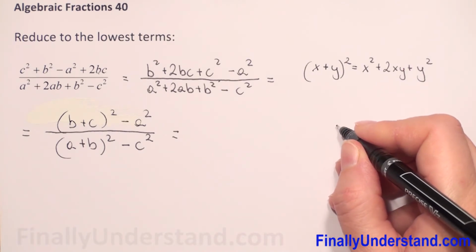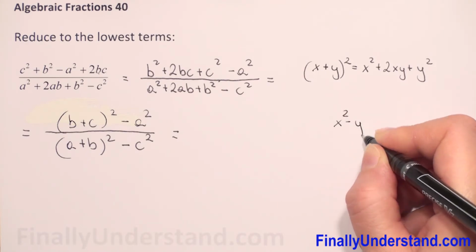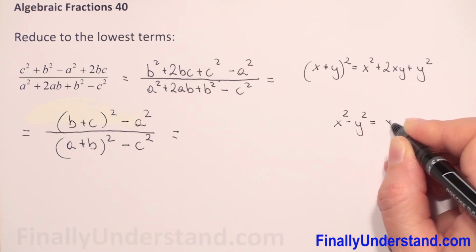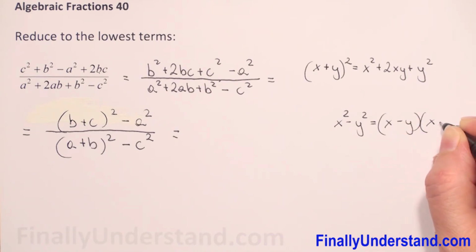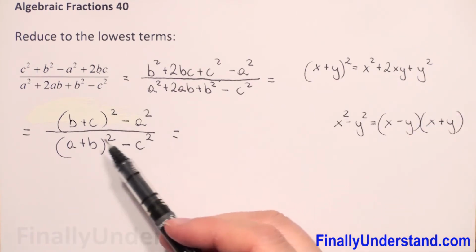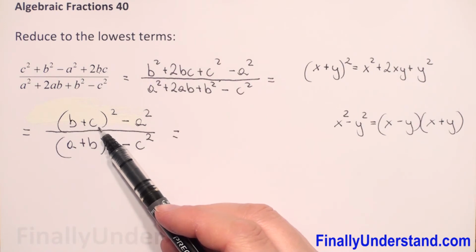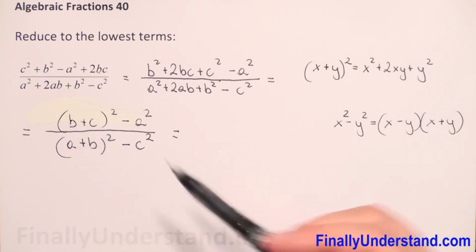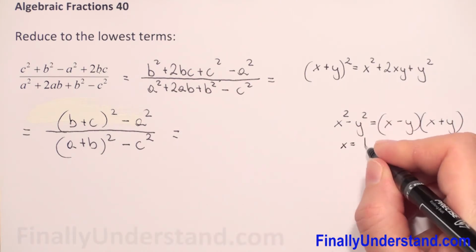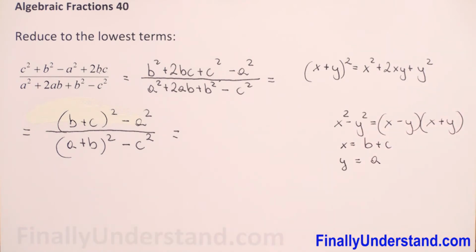When we have x squared minus y squared, this is equal to x minus y times x plus y. So in the first expression, in the numerator, our x is b plus c and y is equal a.